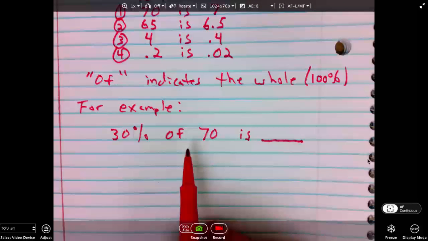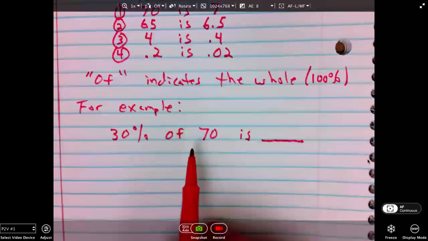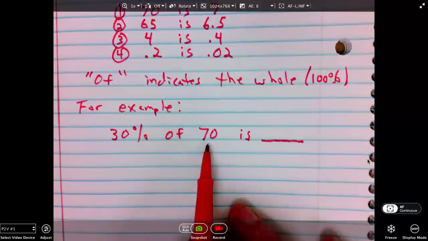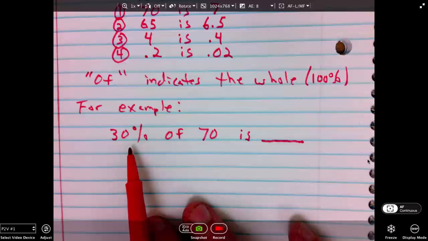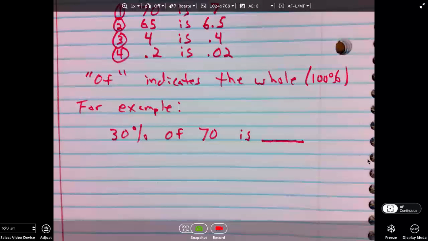Of 70. In this case, they are letting us know that 70 is the whole, and we are seeking the 30% part. So, how will we use the bar method to find this quantity?